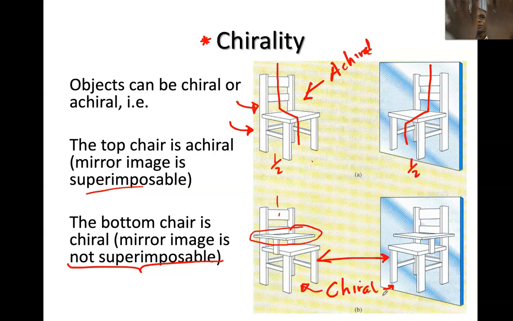Like I said, your pair of hands are chiral because you cannot overlay the thumb of your left hand onto the right hand, unless you do a 180 degrees, then they will be superposable. That's the definition of enantiomers. Enantiomers are non-superposable mirror images of compounds.